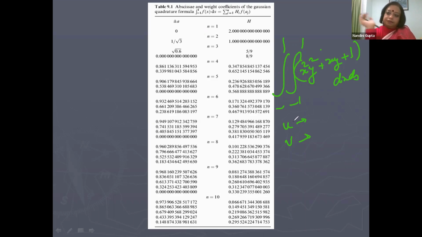Teja? Yes, ma'am. What point quadrature should I use?